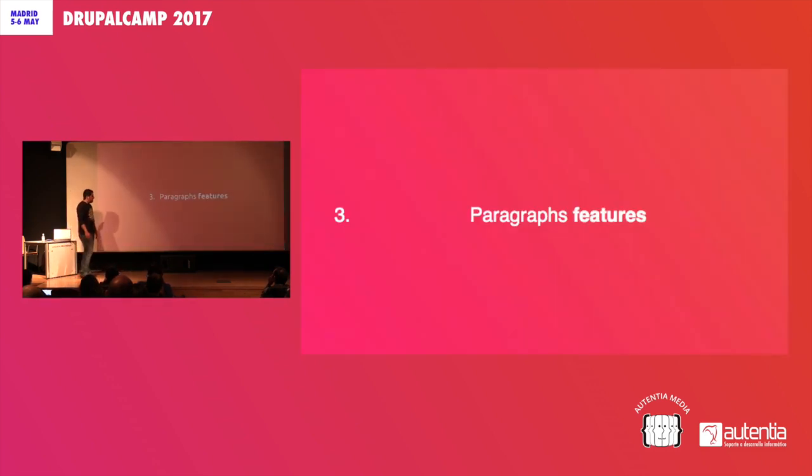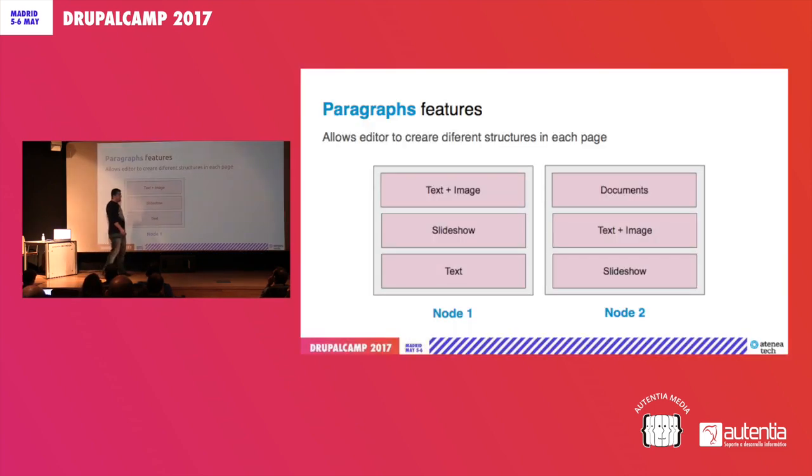So, let's talk about paragraph features. The first feature that I think is really, really interesting is that the paragraph module allows the editor to create different structures in each page. It means that we don't have to have a content type with the same fixed structure of fields.